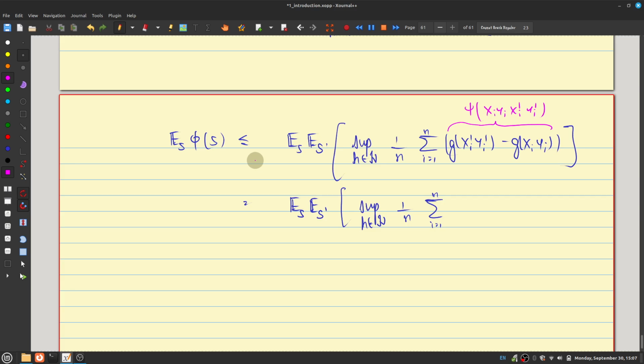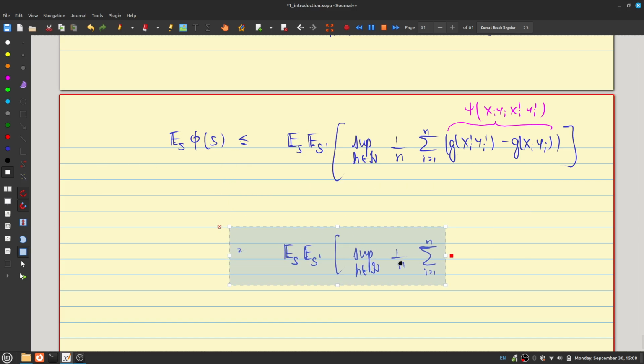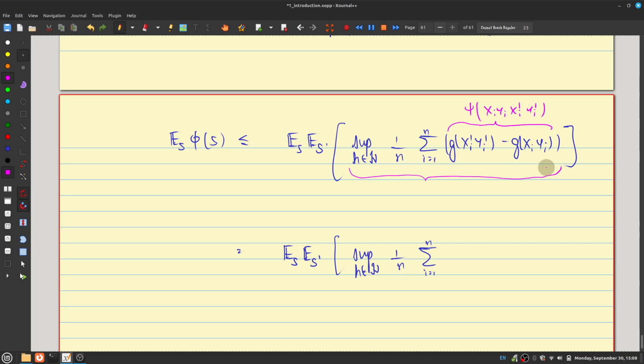Okay, and why? Because g is a loss. I claim that it doesn't matter whether it's bounded or not. So ultimately, let's just look at this.